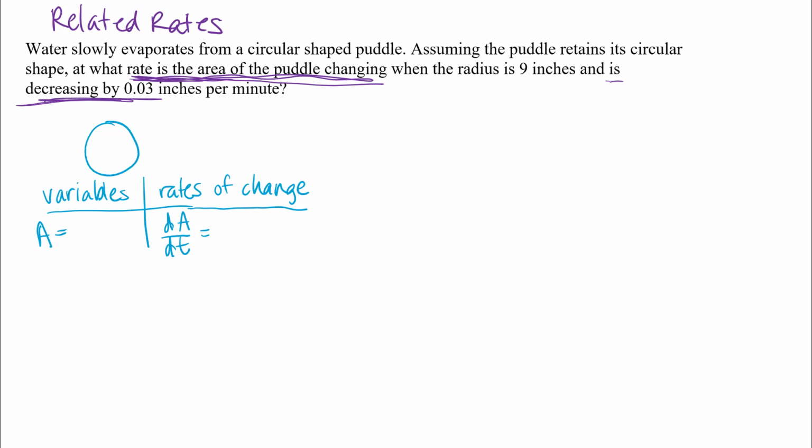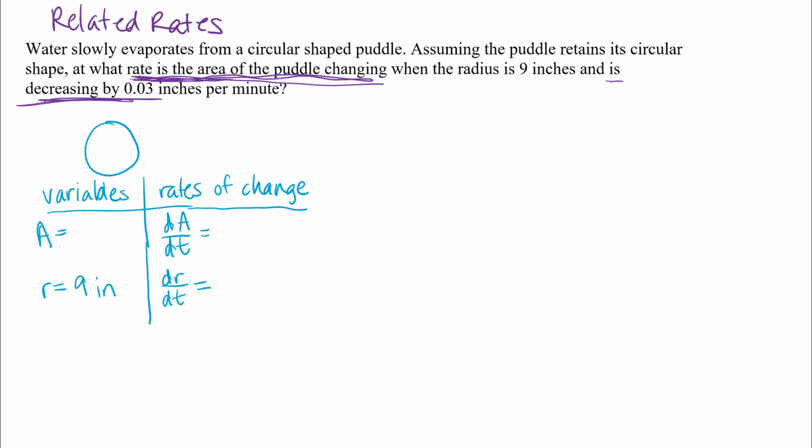It's talked to me here about area. I'm supposed to find that. The other variable that it talks about in the problem is radius. We're given a particular value for the radius at a particular time that we're interested in. When that radius is 9 inches, that doesn't stay fixed. That is a variable. It changes, so the radius doesn't stay 9. It's a variable. And then I'm going to complete my table here.